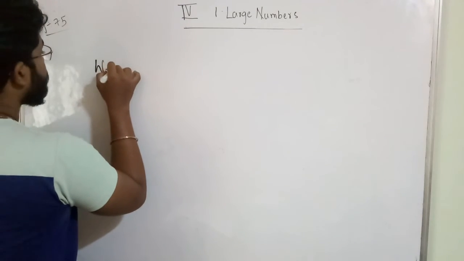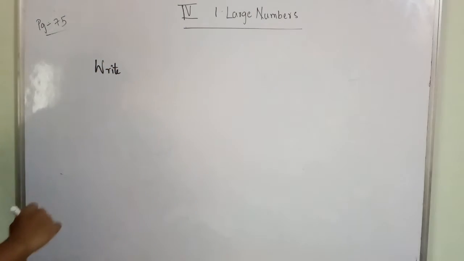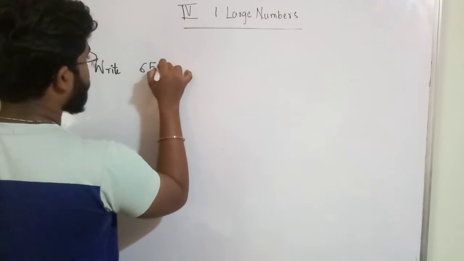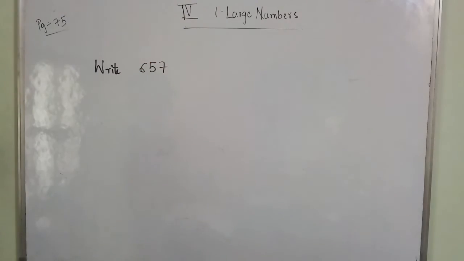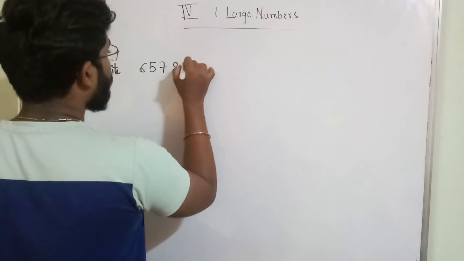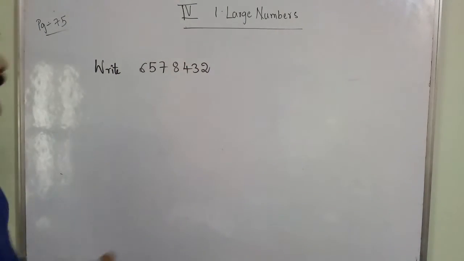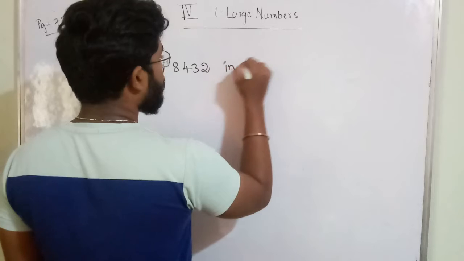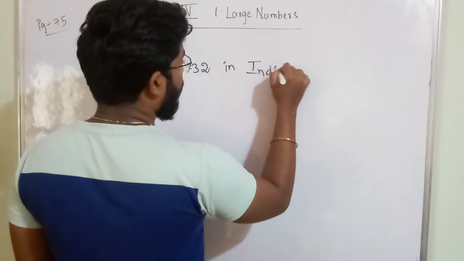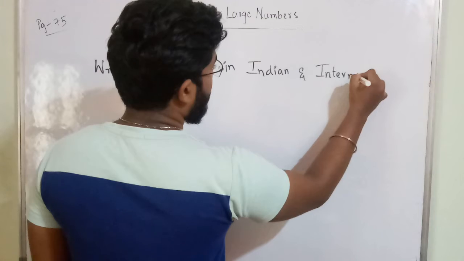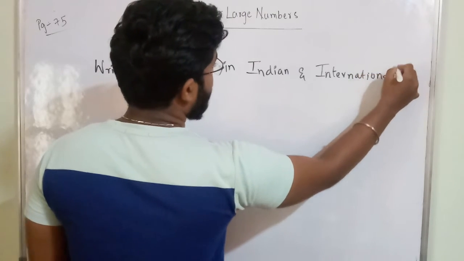In the pink color box on page number 75, write 6578432 in Indian and international place value systems.